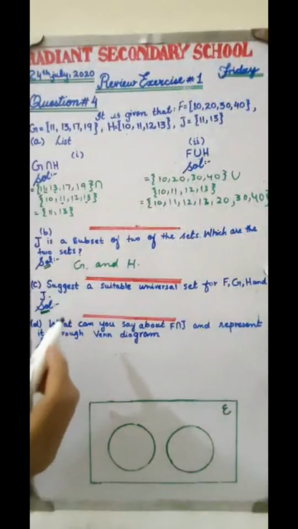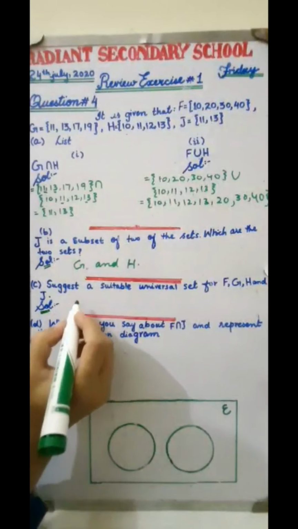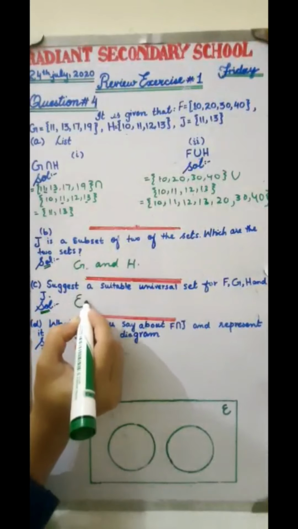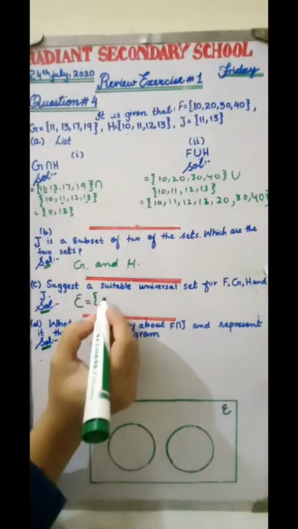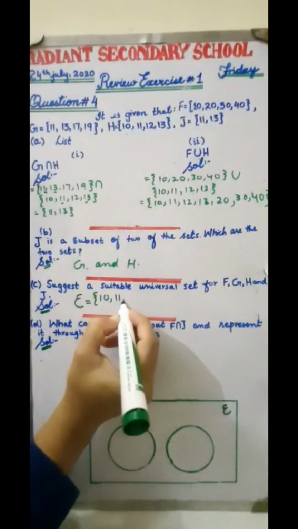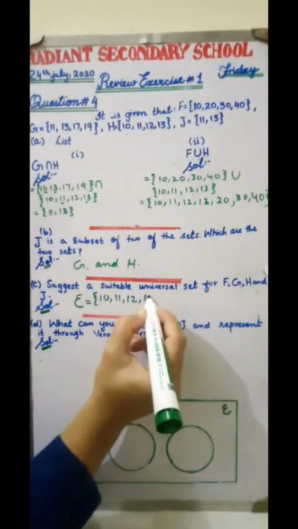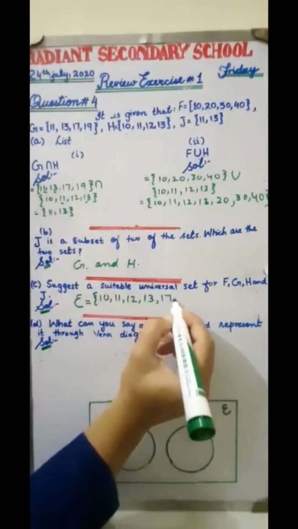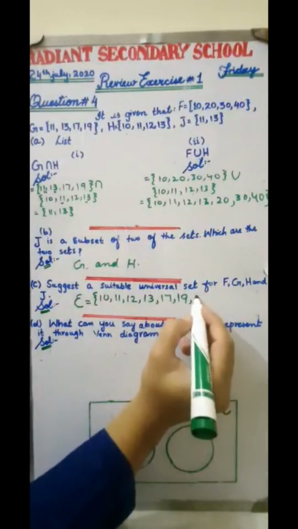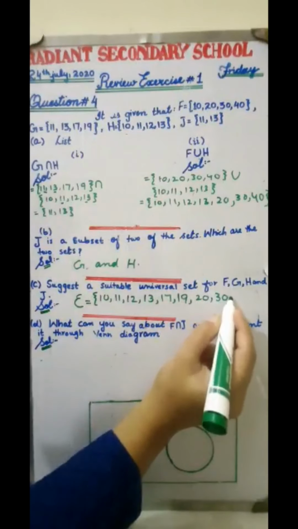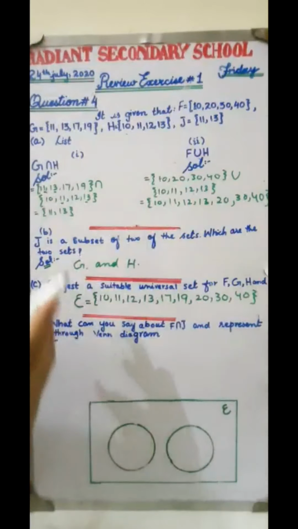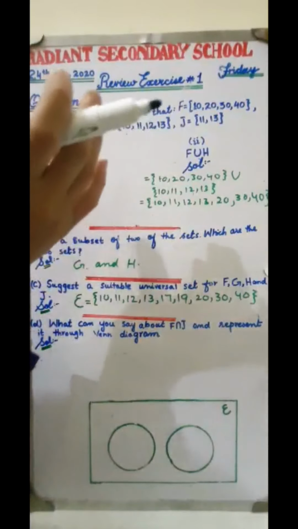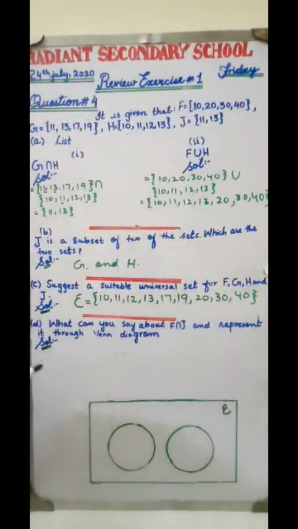So for a suitable universal set, we will use capital E, and this universal set should be 10, 11, 12, 13, 17, 19, 20, 30 and 40. This is a suitable universal set for these four sets because all elements of these four sets are present in this universal set.